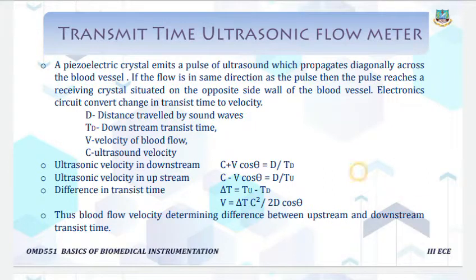The difference in transit time, delta T, is TU minus TD. So the velocity of blood flow is V equal to delta T C squared by 2D cos theta. Thus the blood flow velocity is determined by the difference between upstream and downstream transit times.